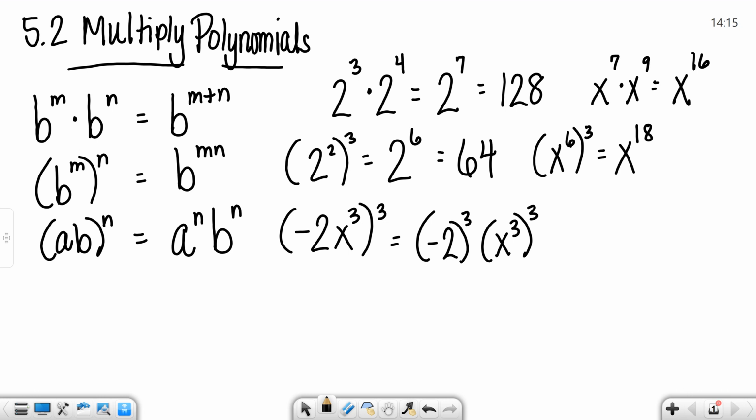Negative 2 to the 3rd power means negative 2 times negative 2 times negative 2, which is negative 8. And then right here for my x cubed raised to the 3rd power, a power raised to a power, we multiply the exponents. So this would be the answer for that particular problem.